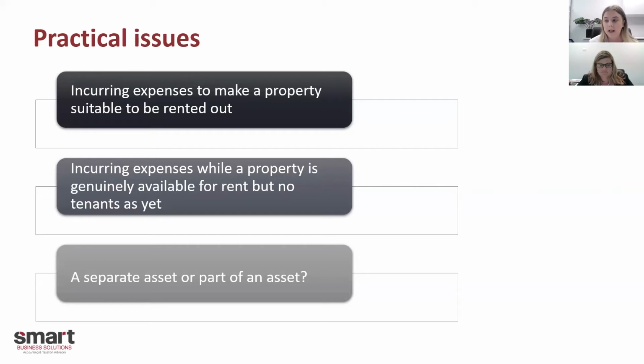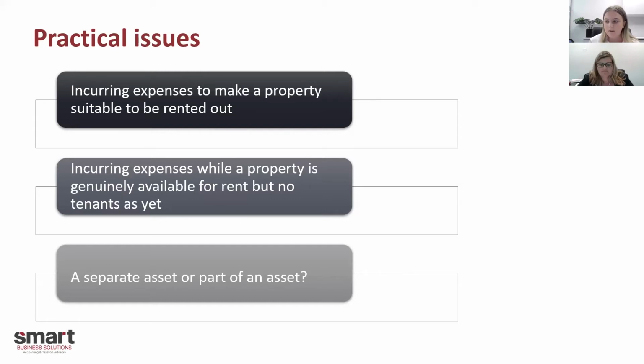Because it was genuinely available for rent, you would most likely be able to claim a deduction for any repairs that you made to fix that property back up. But you do have to remember to follow those 4 criteria that we just went through to ensure that it's actually repair and maintenance. It's not a new asset, or you're not going to be capitalising it as a capital expense.